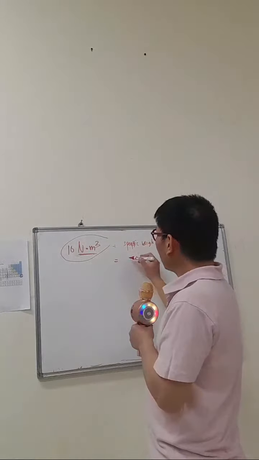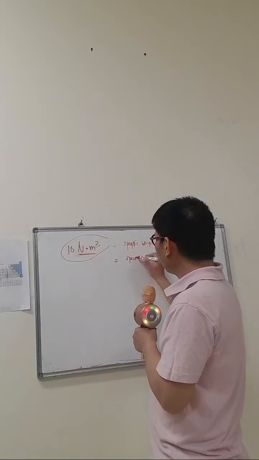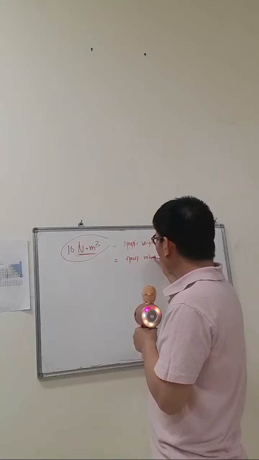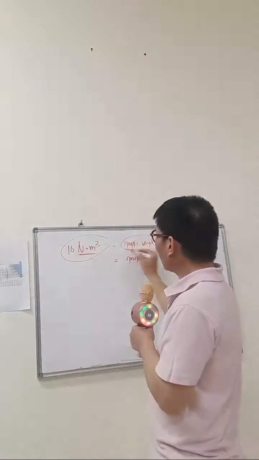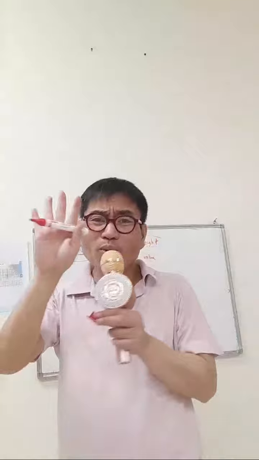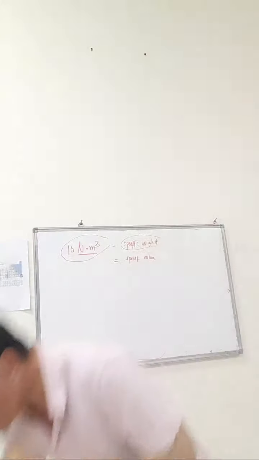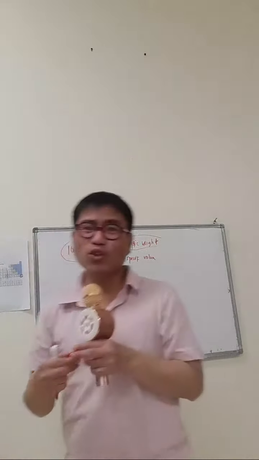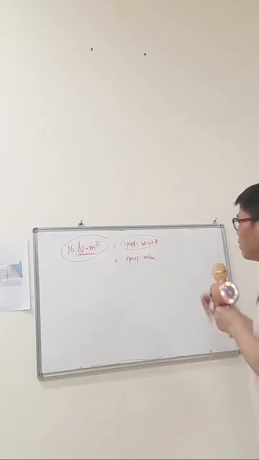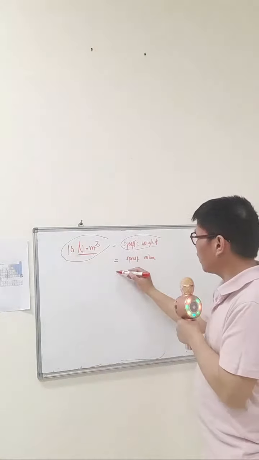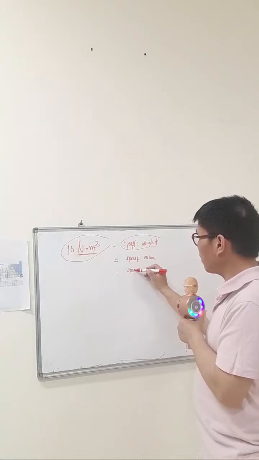Do we have specific volume? Actually guys, you have not encountered the term specific weight. That's why I need to correlate. The other specific terms: we have the specific volume, right? And then we have the specific heat capacity.